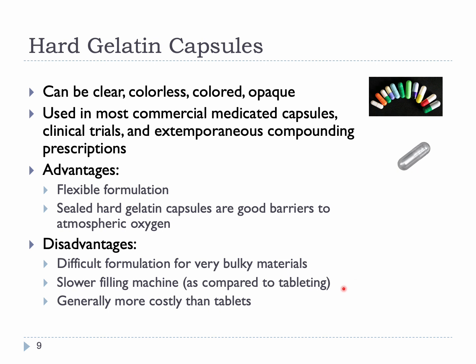The machine to make capsules is slower than tablet making. The machine can fill powder or granules or beads slowly into the capsule shell here. It takes more time, and in general, making capsules is more expensive than tablets, so the cost of a capsule is usually higher than tablets.